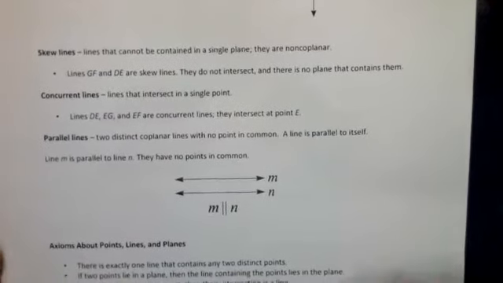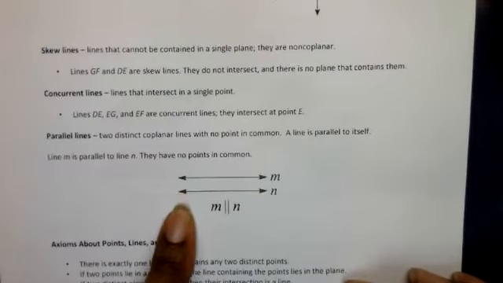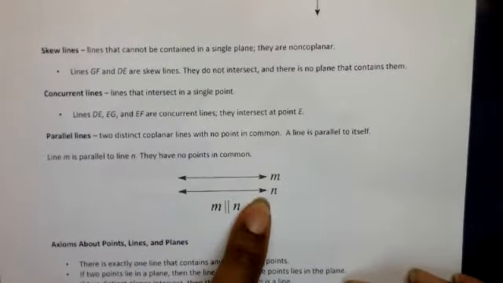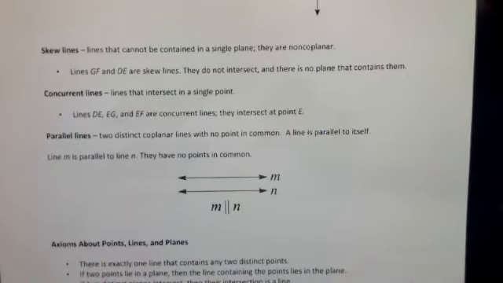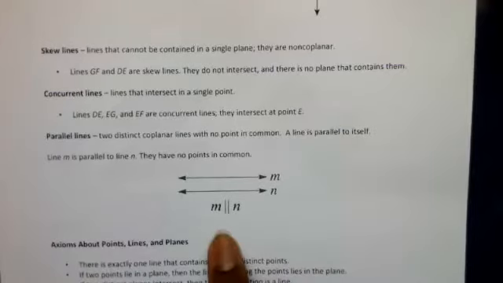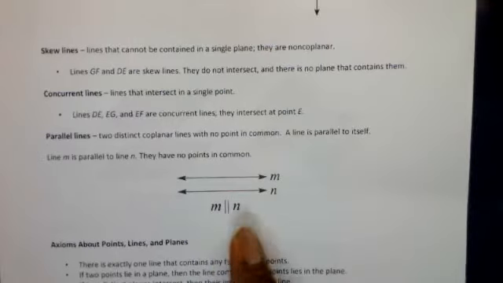So that means here in this illustration that I have here, I have two lines, line M and line N. Line M is parallel to line N, meaning they have no points in common. And this is the notation that we use for is parallel to. So we can say that M is parallel to N.